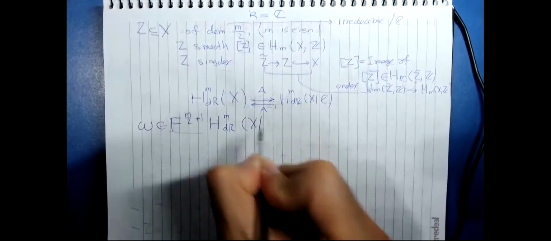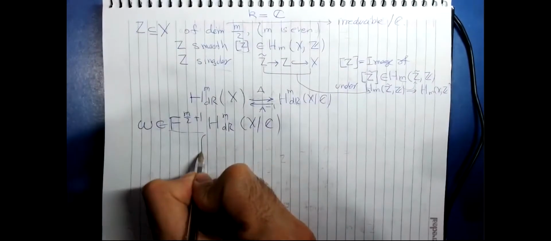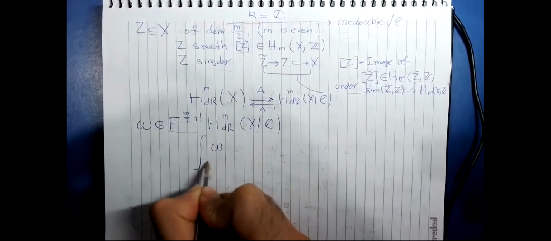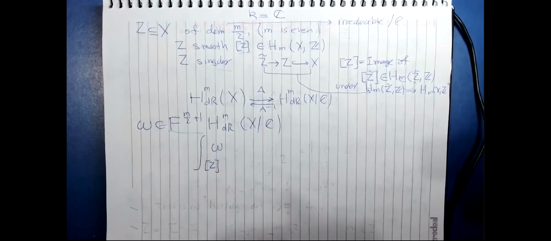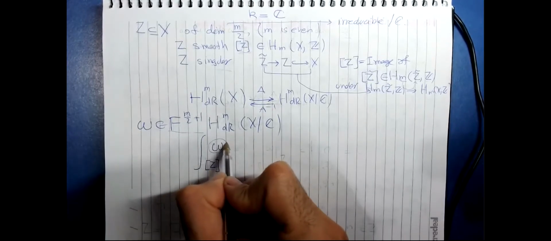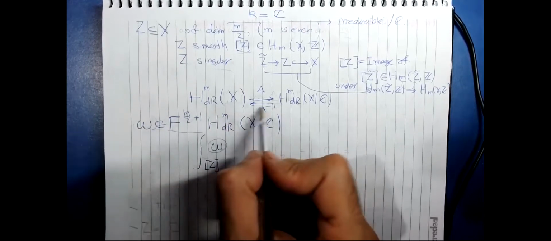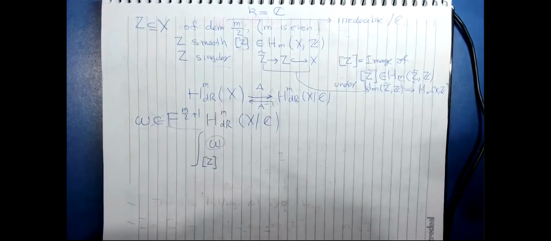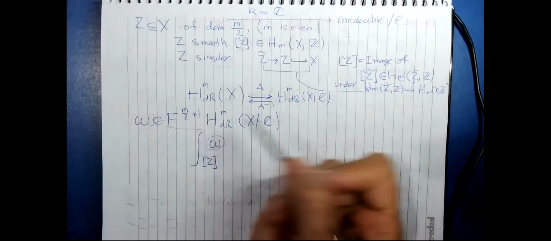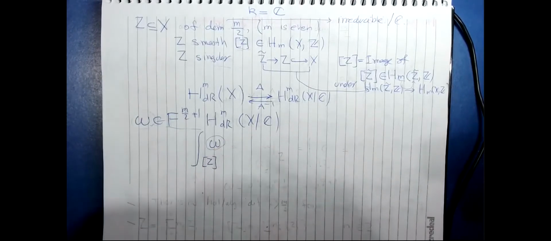So we take an element here, and we can talk about the integration of omega over this homology class. Remember that this integration means that we take this omega by the A minus 1 map, we go to the C-infinity cohomology, and then from algebraic topology, we know that this integration is well defined.